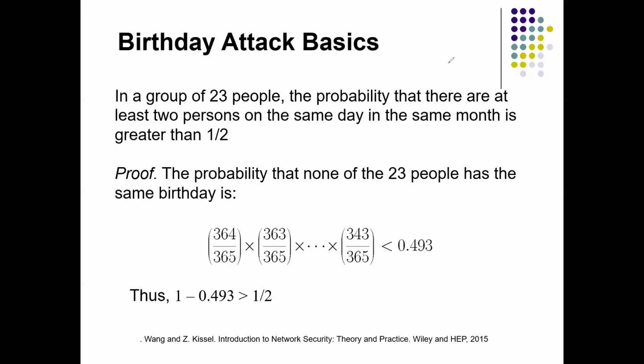Okay, so that means it's likely. So the calculation is this. We have 23 people, so we can just line them up.